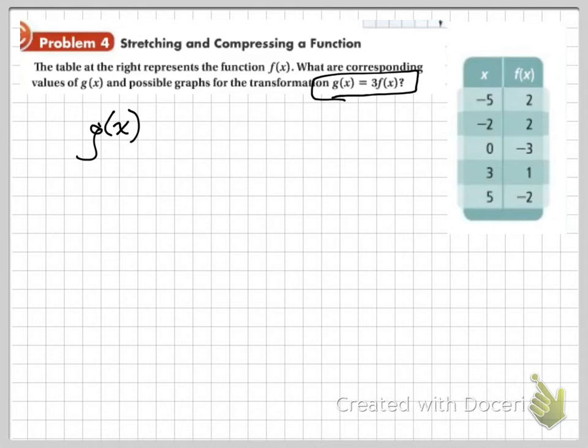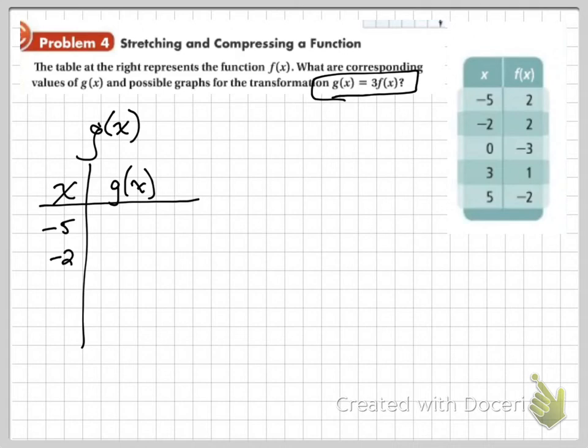So if I'm making a chart of x's and my g of x's, so x negative 5, negative 2, 0, 3, 5. The g of x is going to be 3 times whatever my f of x was there.